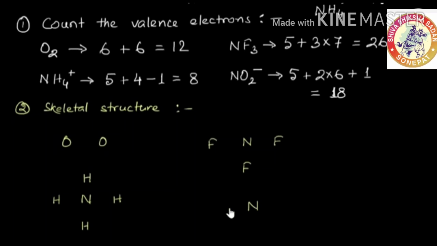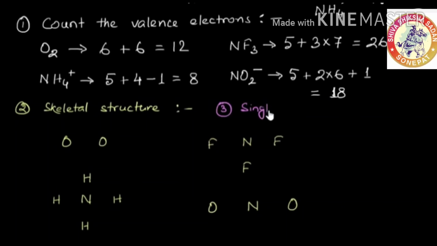Last molecule is NO2 negative. In this, again nitrogen is the central atom and 2 oxygen atoms are surrounding atoms. Now represent NO2 this way.